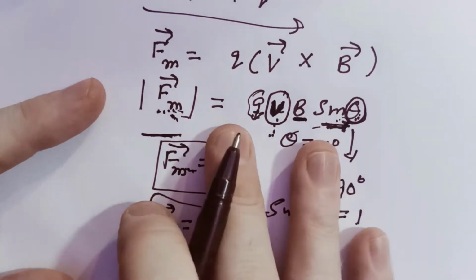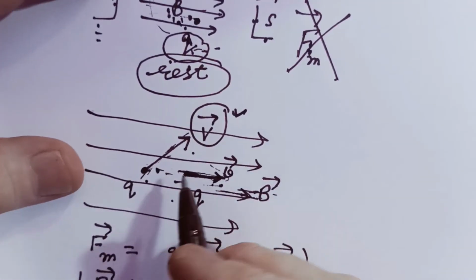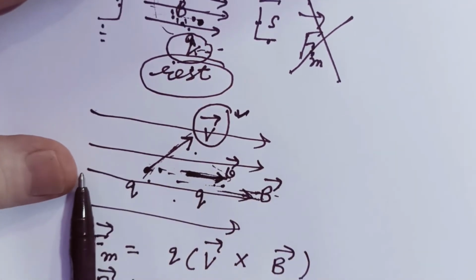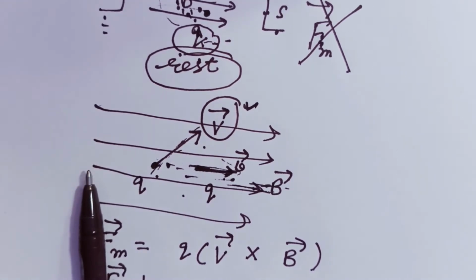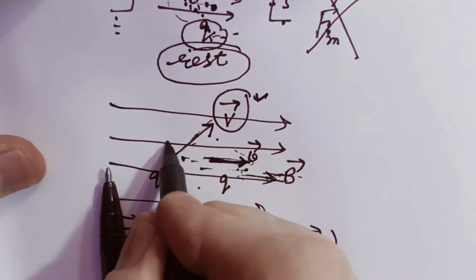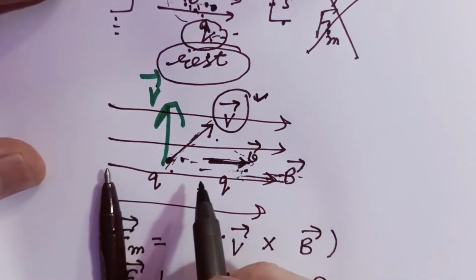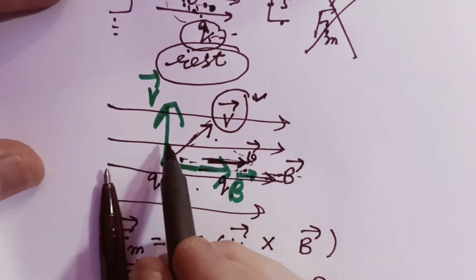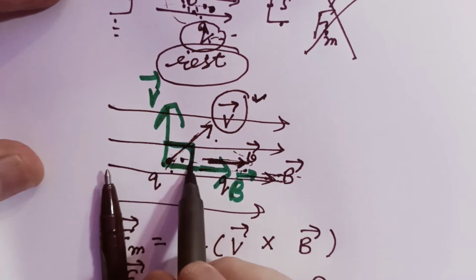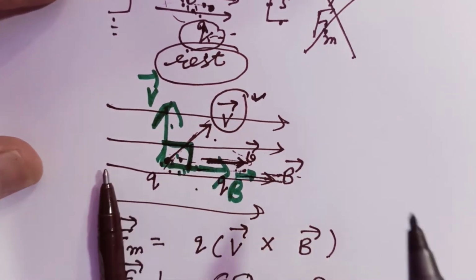Okay, mean if this is a magnetic field, okay, this is a magnetic field and charge particle is moving along this direction. So, you know, this is V. So if angle between V and B is 90, then it will experience a maximum force.